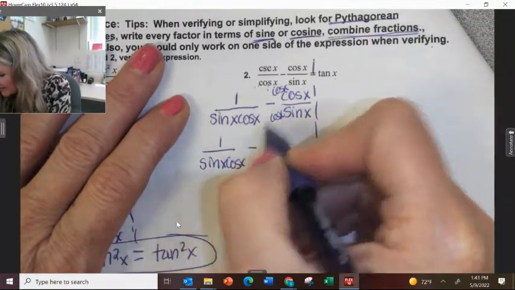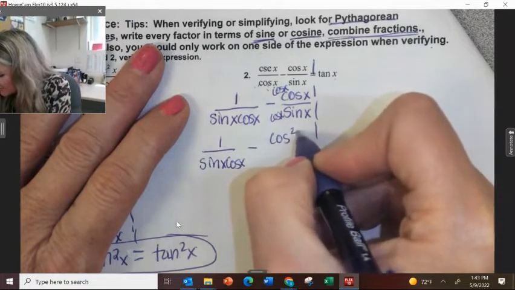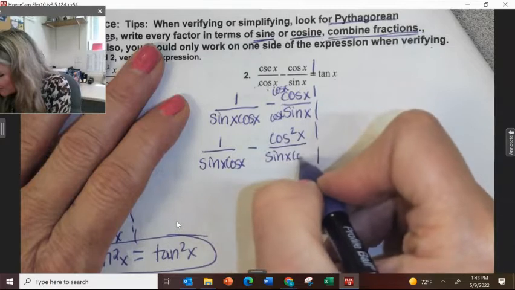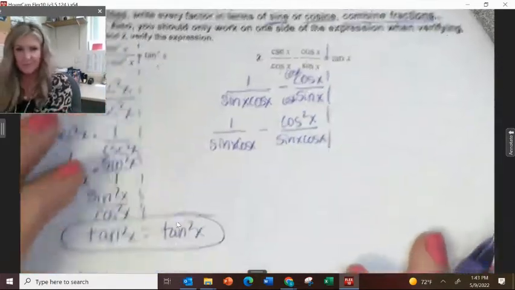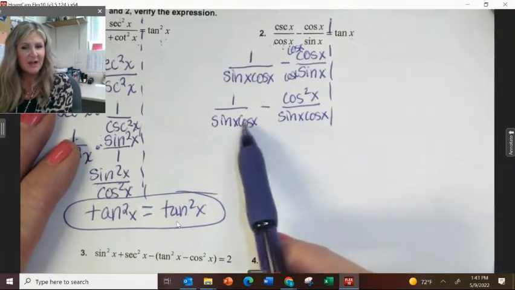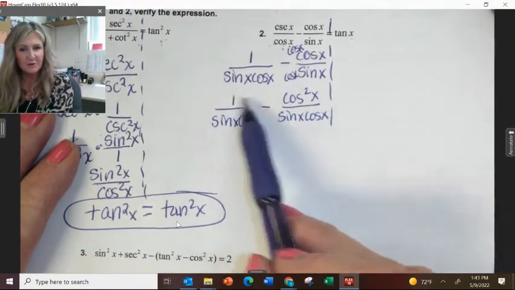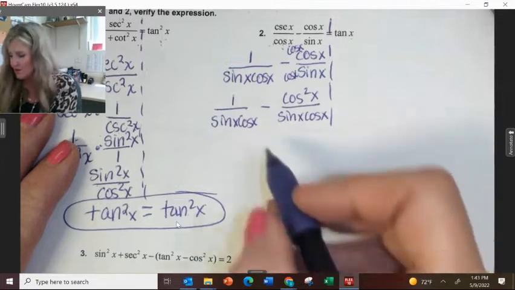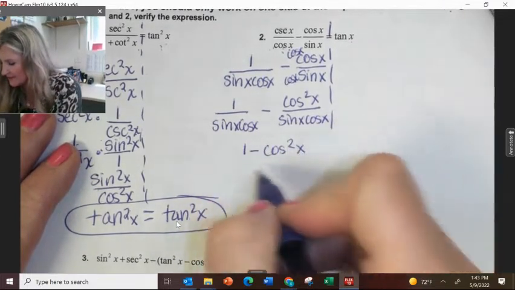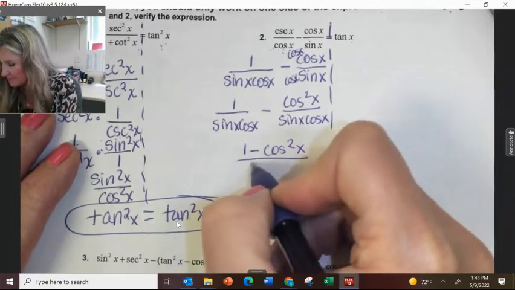First term is the same, but the second one's going to be minus cosine squared x over sine x cosine x. Now that I have a common denominator, I can put the numerator together. 1 minus cosine squared x is what I can call the top.